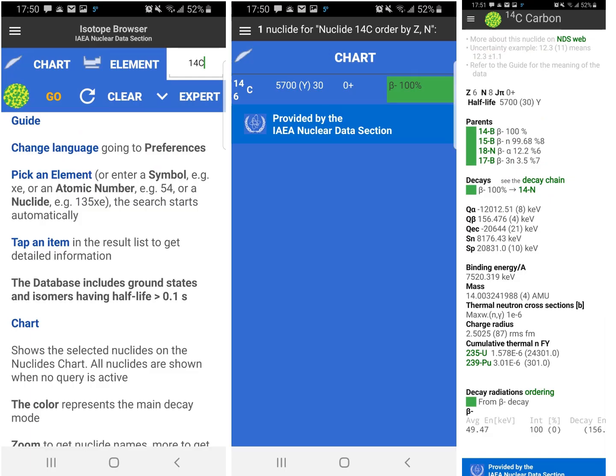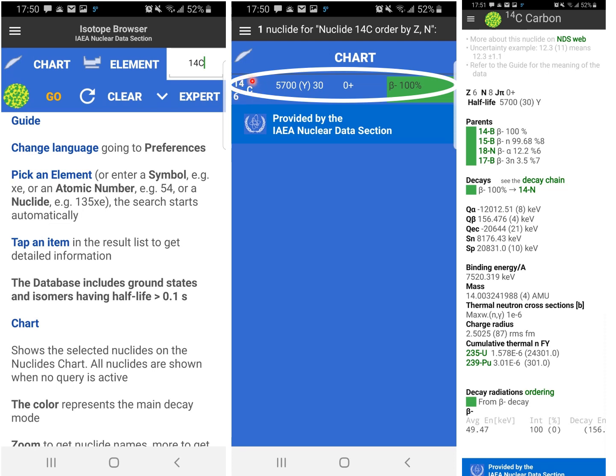If you had the Isotope Browser, first thing you'd want to do is select the isotope you're interested in. So here is carbon-14 listed. You would then select Go, and that would bring you to this page.